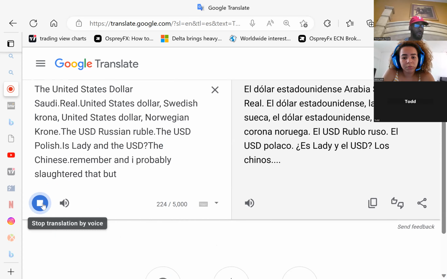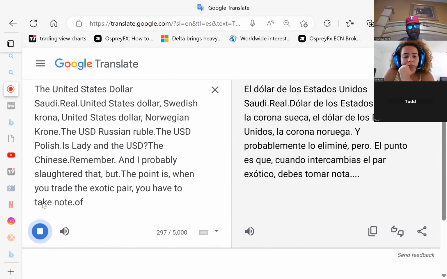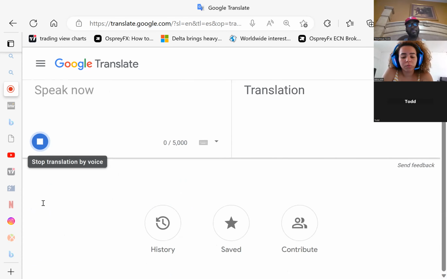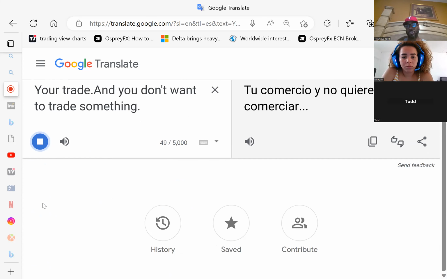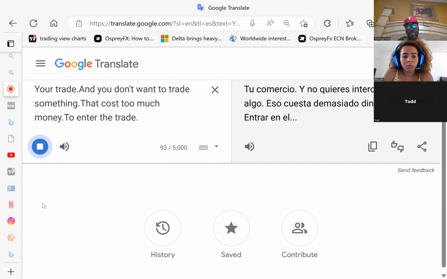But the point is, when you trade the exotic pairs, you have to take note of the spread, because the spread is a fee that you have to pay to enter your trade. And you don't want to trade something that costs too much money to enter the trade. And here's why.